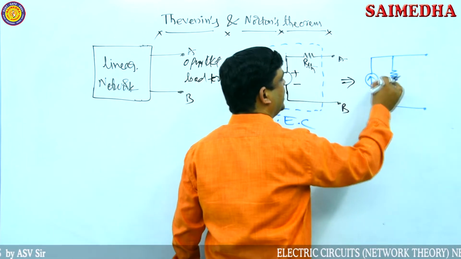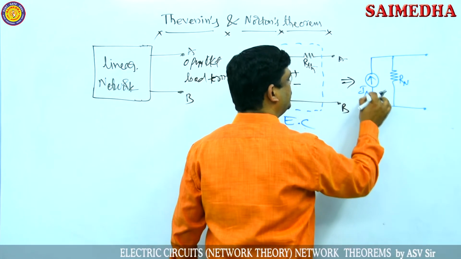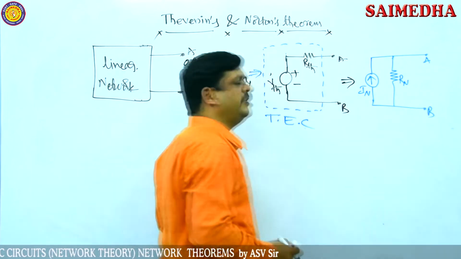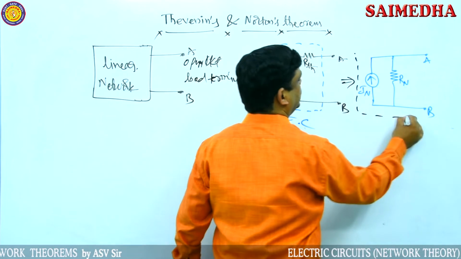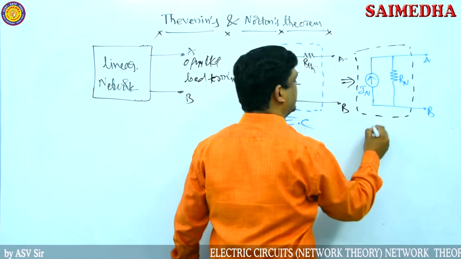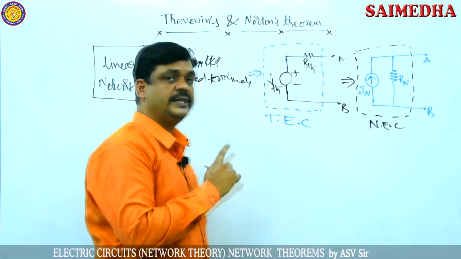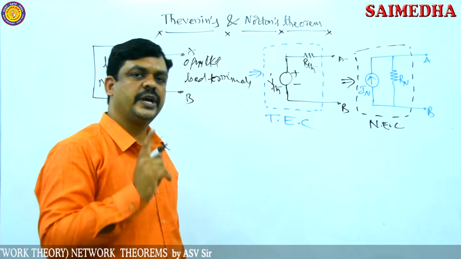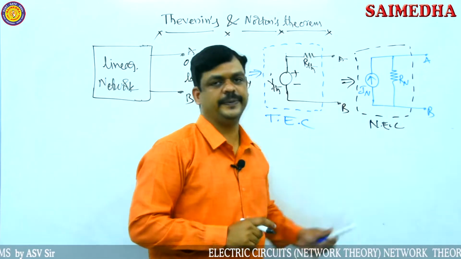This resistance is R Norton, and this current source is also called Norton's current, connected in between A and B terminals. This complete equivalent circuit is called Norton's equivalent circuit, consisting of one current source and one resistance in parallel combination.